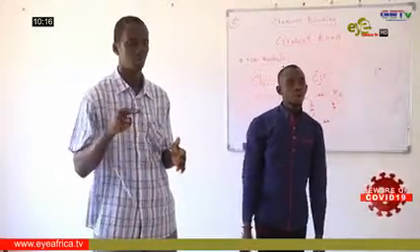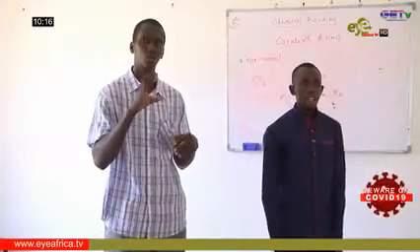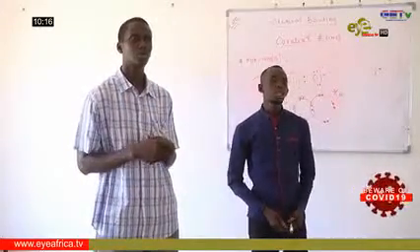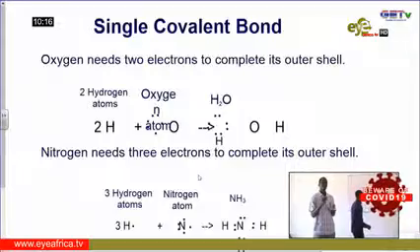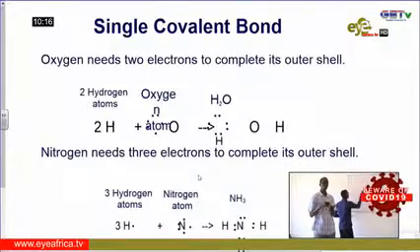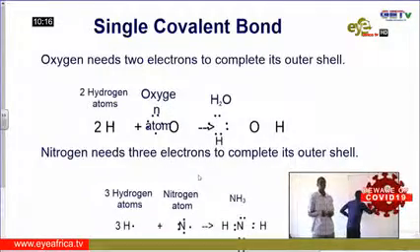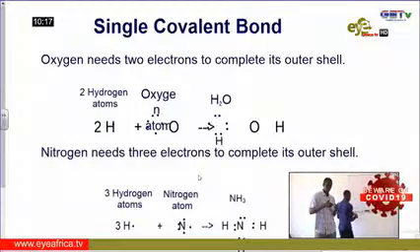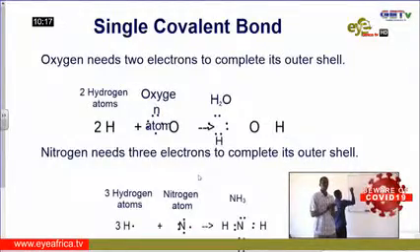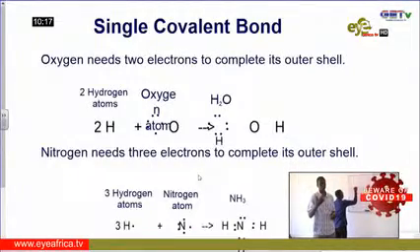Now, in a single covalent bond, oxygen needs 2 electrons to complete its outer shell. For example, we want to show the bond that is taking place in water, that is H2O.